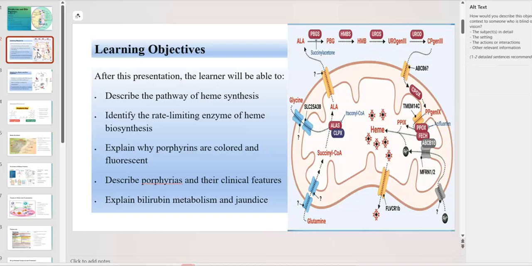It also shows why porphyrins are fluorescent and how defects in these pathways explain porphyria and jaundice. This picture shows the regulation of heme synthesis in the mitochondria.